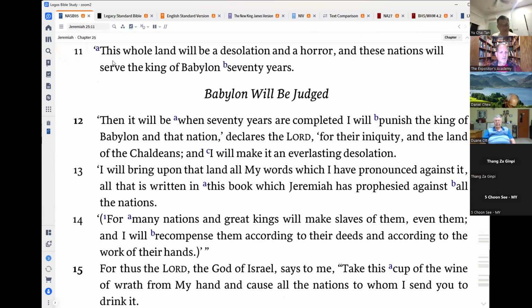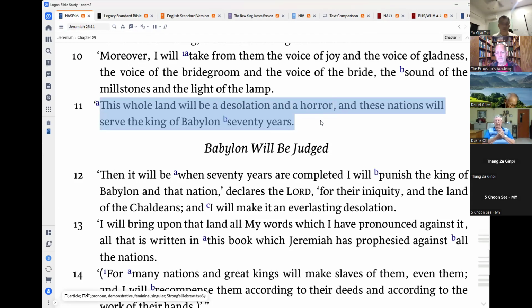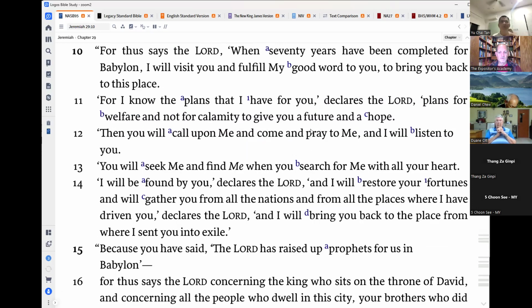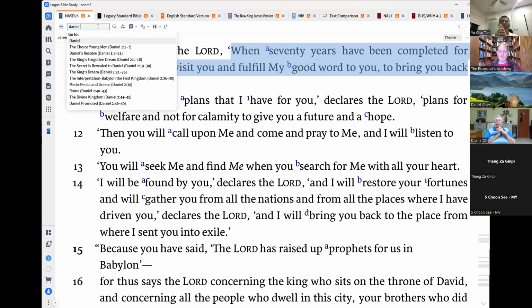Right? God promised he would take the people. This whole land of Jerusalem will be a desolation and a horror, and these nations will serve the king of Babylon 70 years. And then he again repeats it in Jeremiah 29: when the 70 years are completed for Babylon, I will visit and fulfill my good word to bring you back. Well, Daniel was aware of these prophecies. Remember, they were contemporaries.